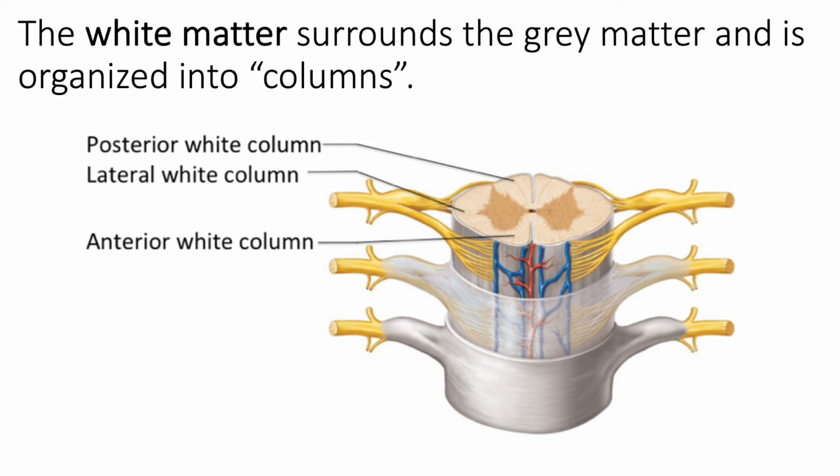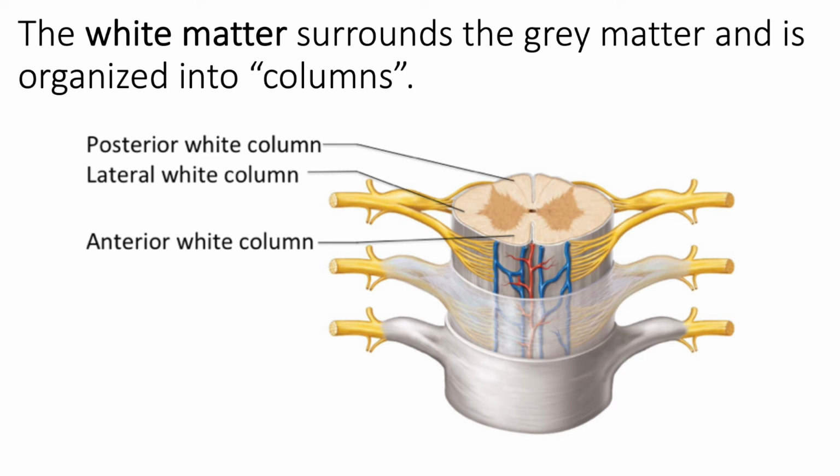So if the cell bodies reside in the gray matter, those axons, those myelinated axons, will then ascend to the brain or descend from the brain. So the white matter forms tracts that ascend, tracts that descend, all of which are composed of myelinated axons.